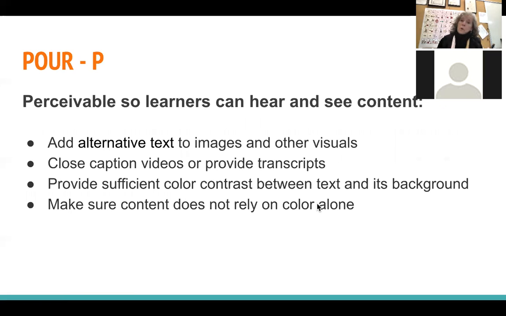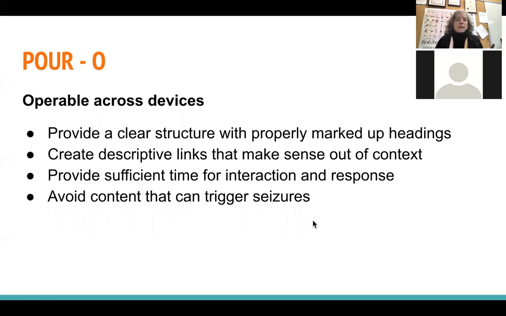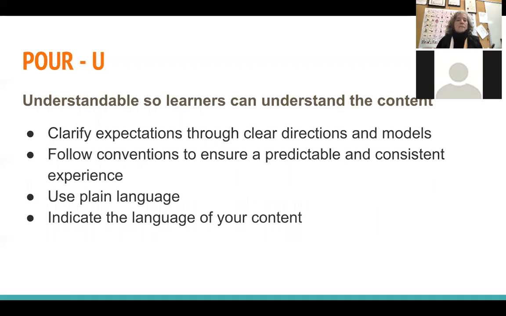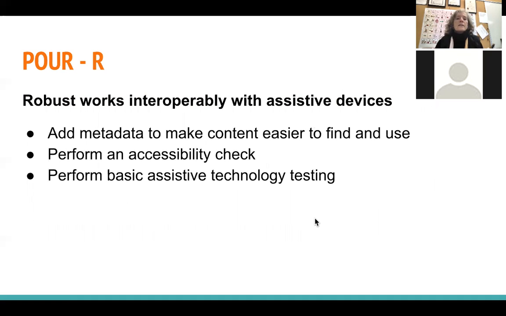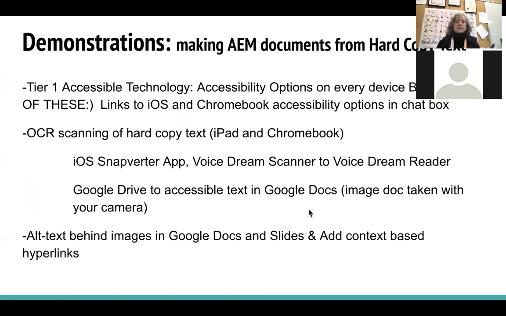So I go through the POUR basic steps: perceivable, so learners can hear and see content; operable across devices; understandable, so learners can understand the content; robust, making sure that there's interoperability with assistive devices and across regular devices.